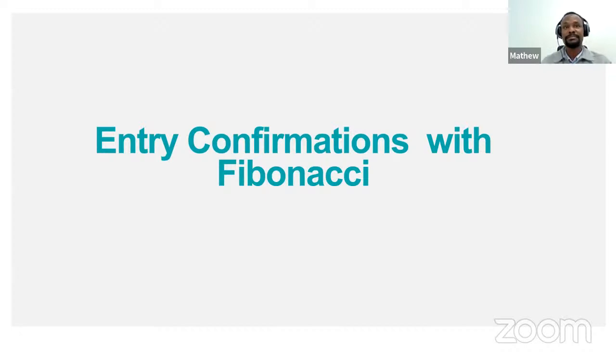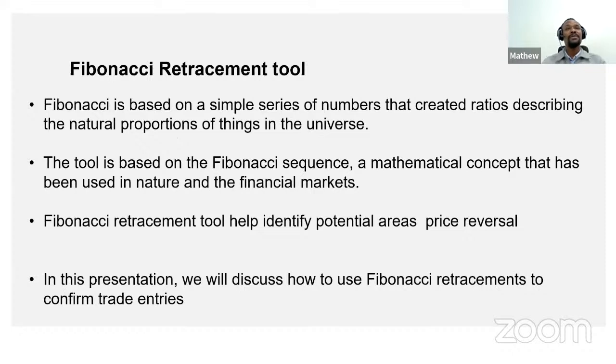So first, let's look at what a Fibonacci retracement tool is. It is just a series of numbers that create ratios which describe the natural proportions of things in the universe.